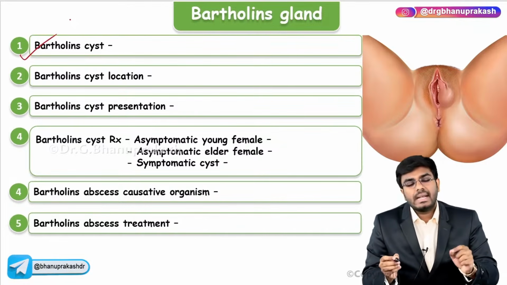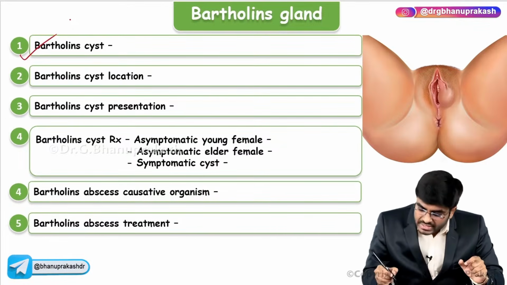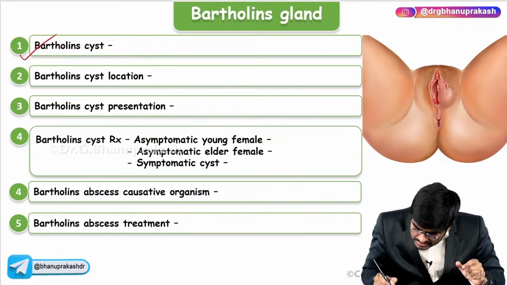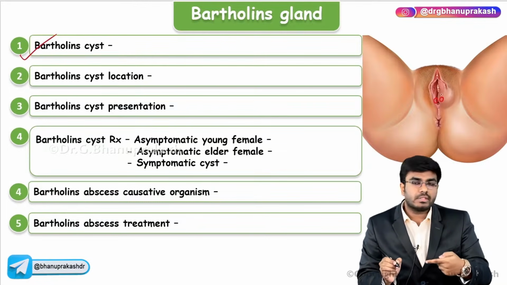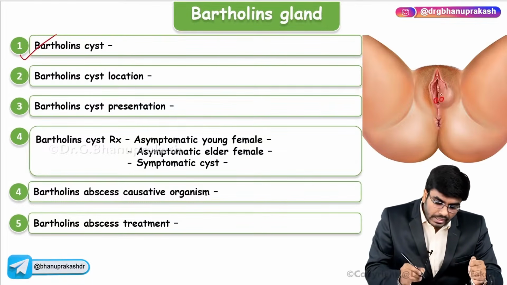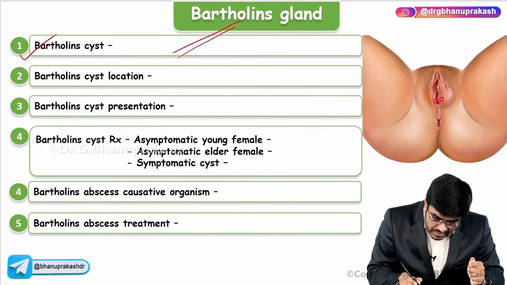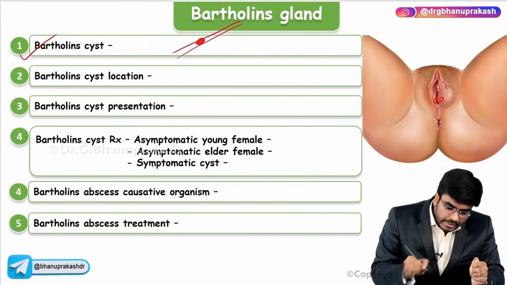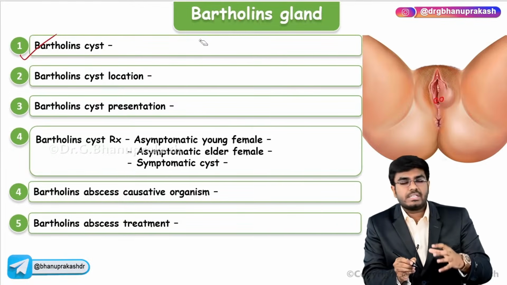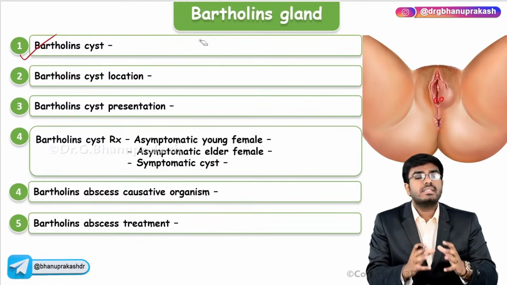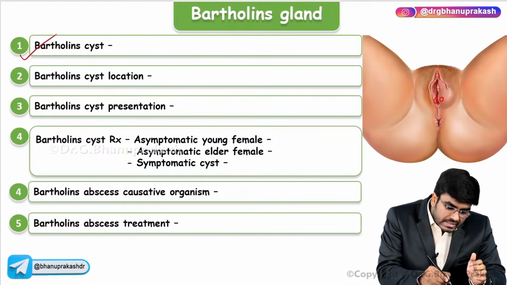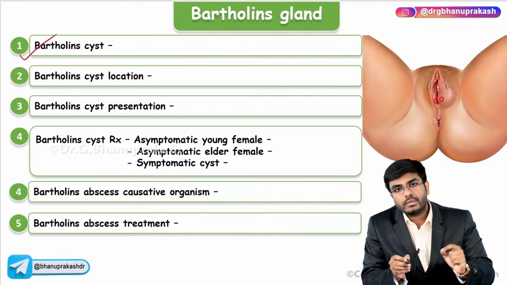Guys, we have discussed that the Bartholin's duct opens at the junction of anterior two-third and posterior one-third. If that duct gets blocked, what happens? All the secretions from that Bartholin's gland are not drained. So there will be formation of a cyst. That's how a Bartholin cyst is going to form.